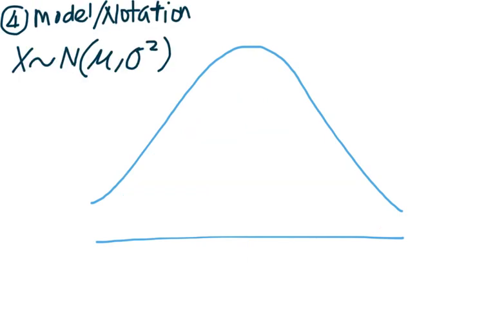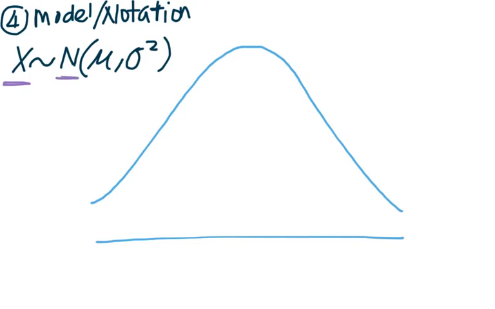And the last property of the normal distribution is the model, or notation, given to us with x. Here x is our variable, which is a continuous variable. N means normally distributed.